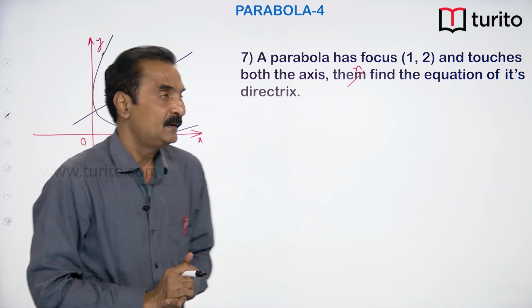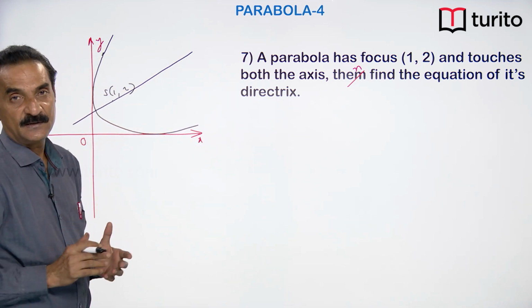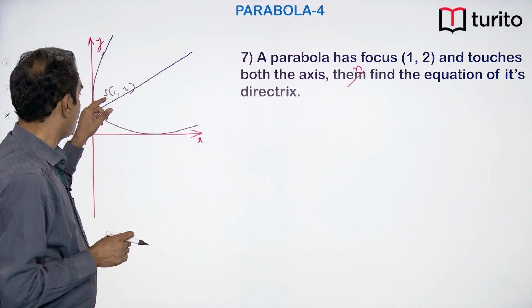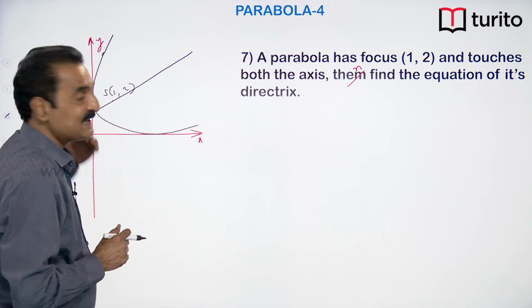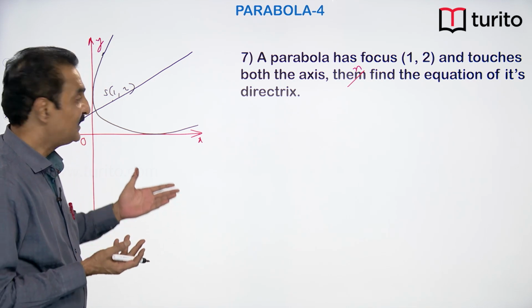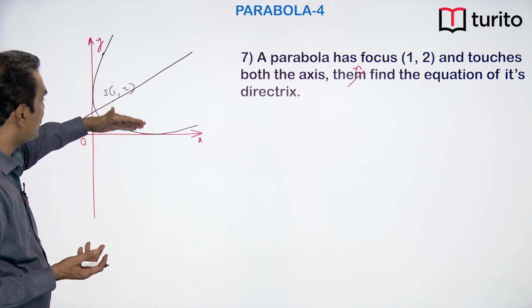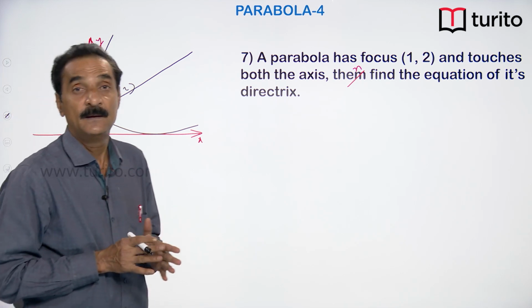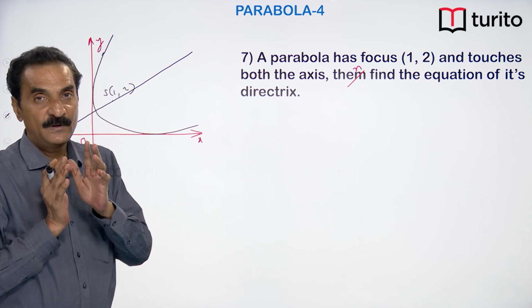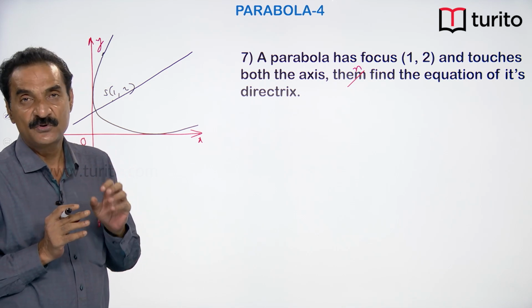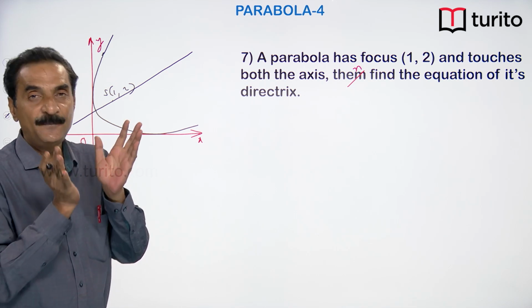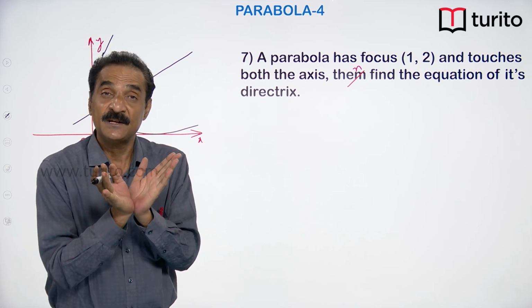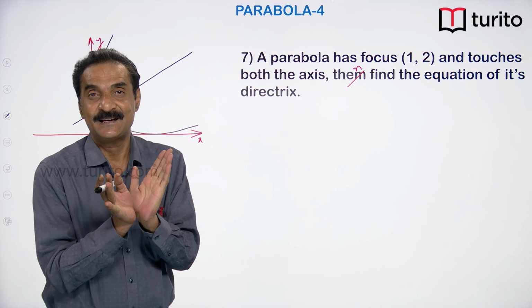Here, let us recollect the properties related to focus and tangents, because what is the given information? X axis is a tangent, y axis is a tangent, focus is given, that is all. And there are many points involved in this question. One is, if two tangents to a parabola are perpendicular to each other, then they intersect on the directrix.